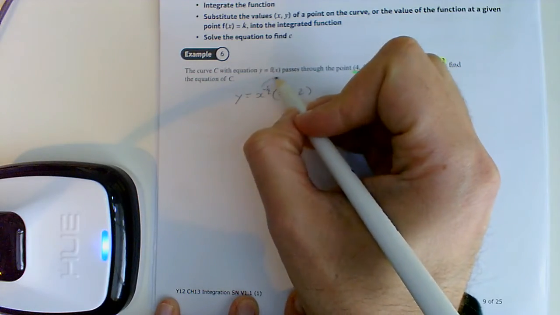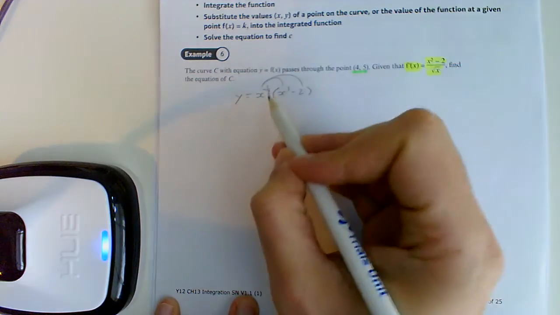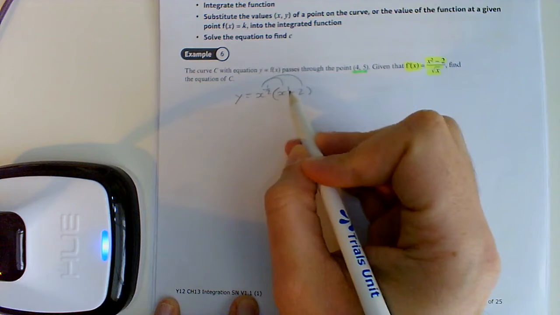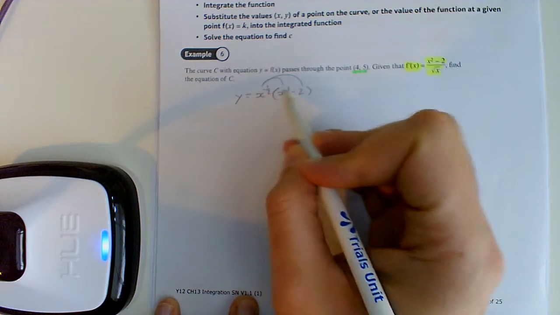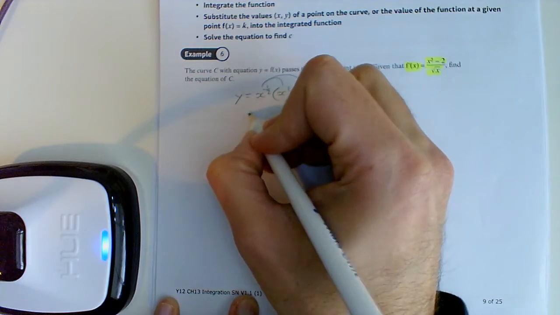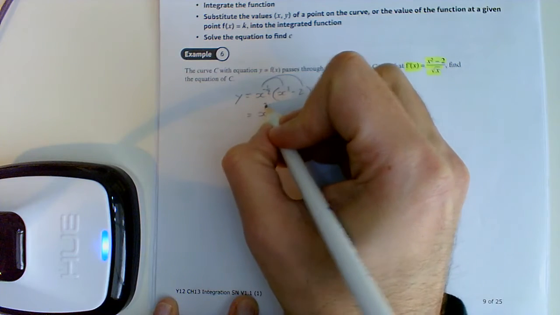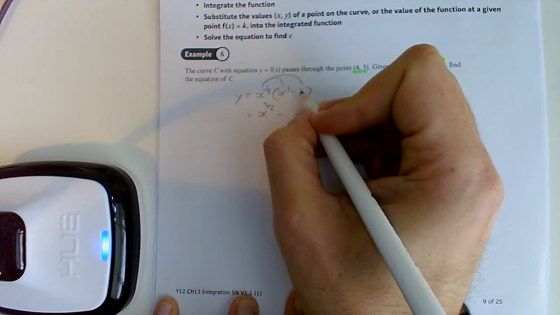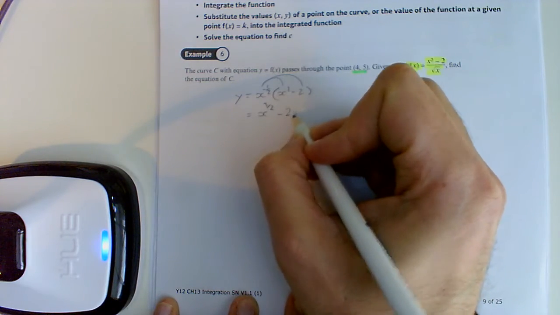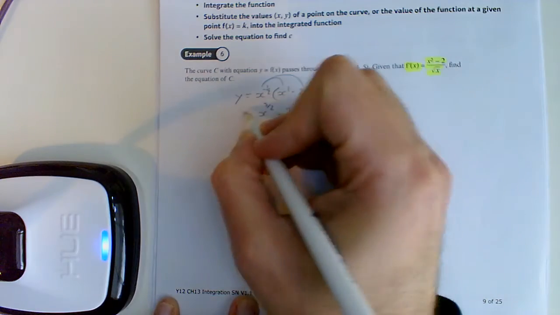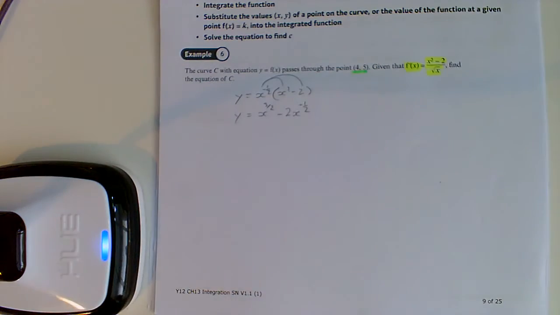I then need to multiply out the bracket. Remember that when you times things with powers, you add the powers. So minus a half, add 2, gives me positive 1.5, which is x to the power 3 over 2, minus 2 times that, 2x to the minus a half. So I've got my function with powers now that I can integrate.